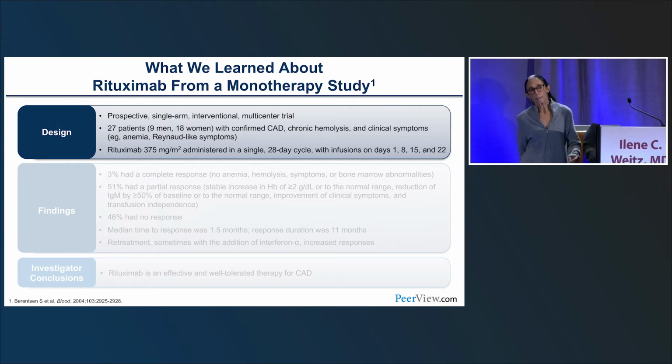So they may not be normal, but they had improvement. And there was a reduction in the IgM titer, in the cold agglutinin titer, by 50%.